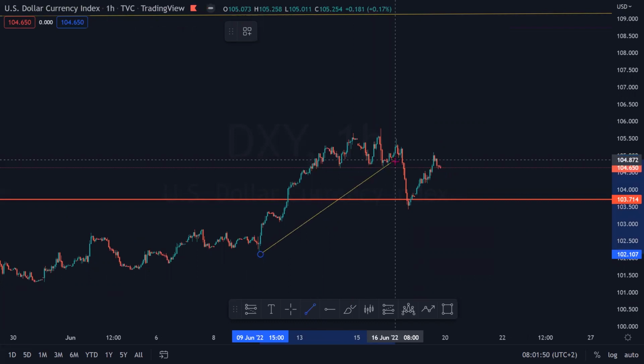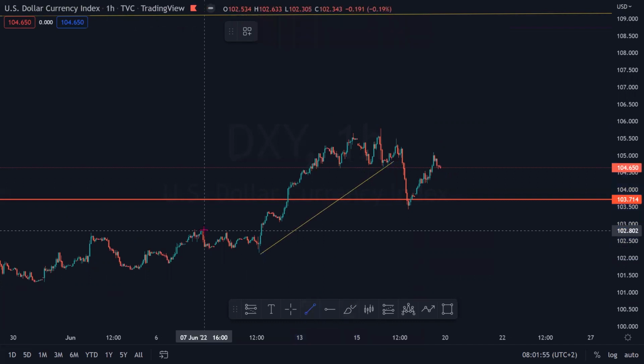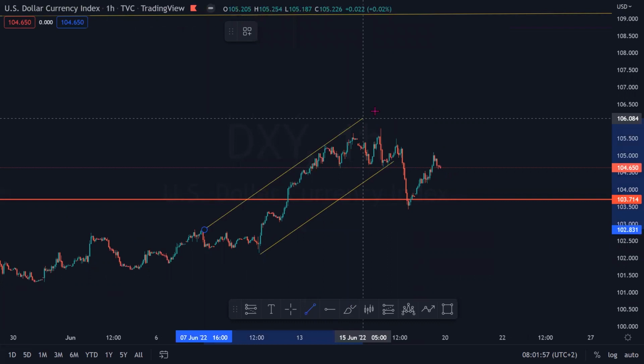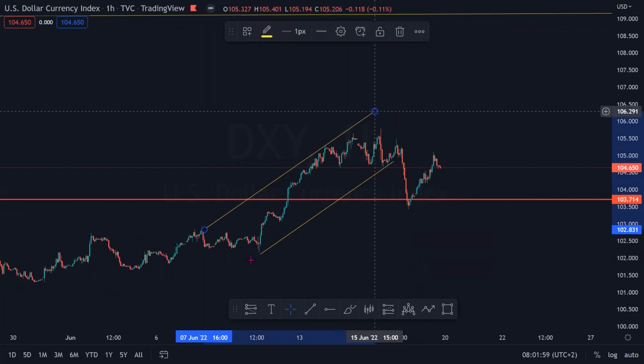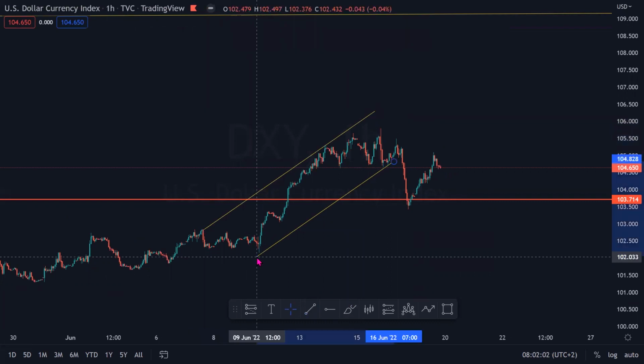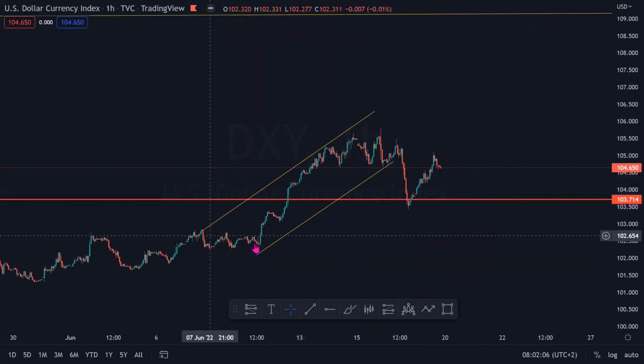Now I identified our ascending channel, our ascending structure.